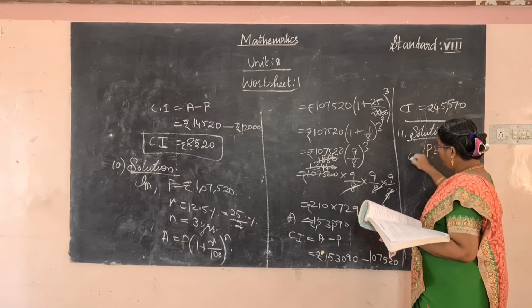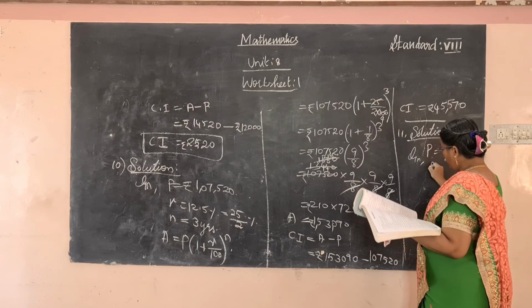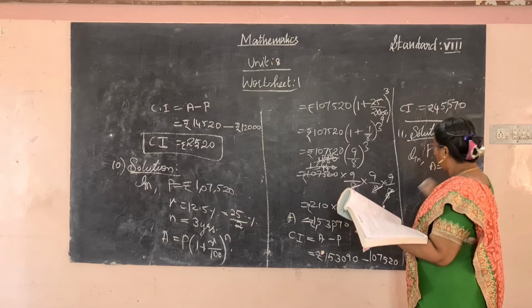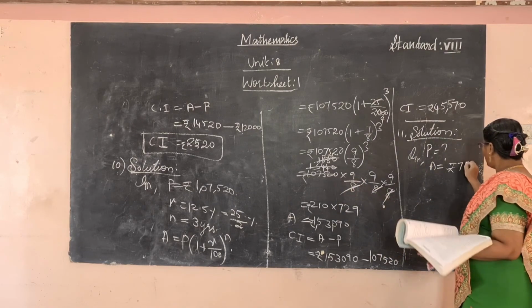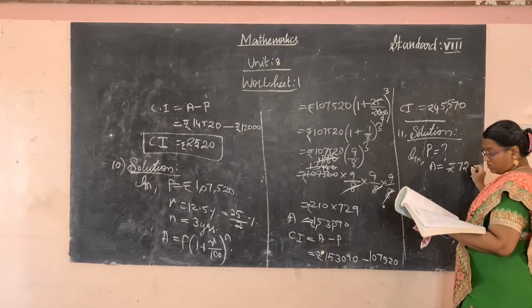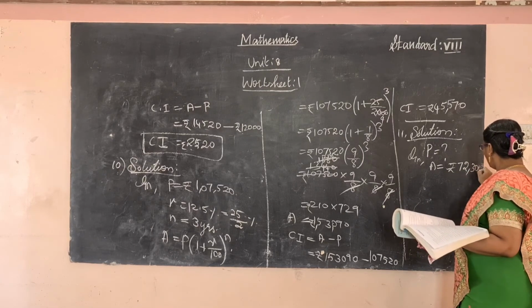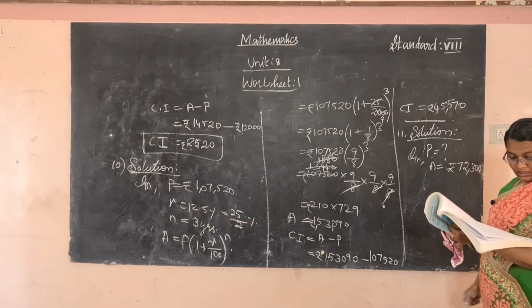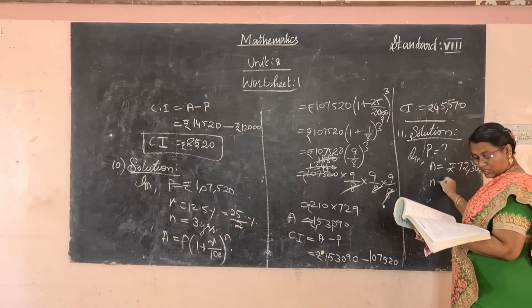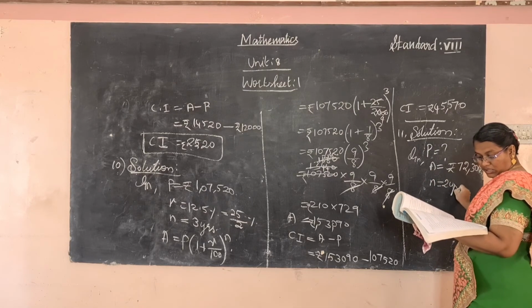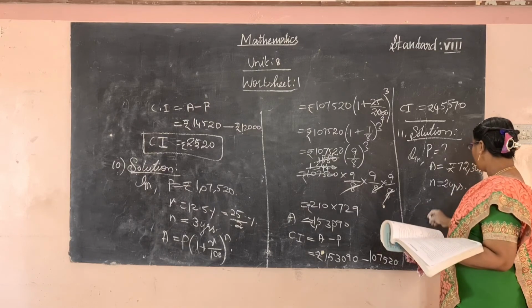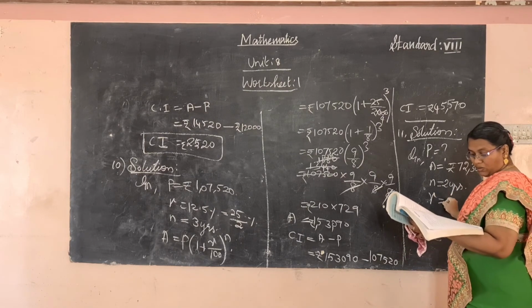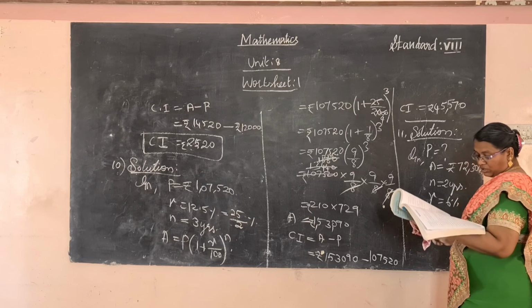We have to find out the principal. Given: amount is equal to rupees 72,300. Okay, and then number of years n is equal to 2 years, and rate of interest r is equal to 6%.